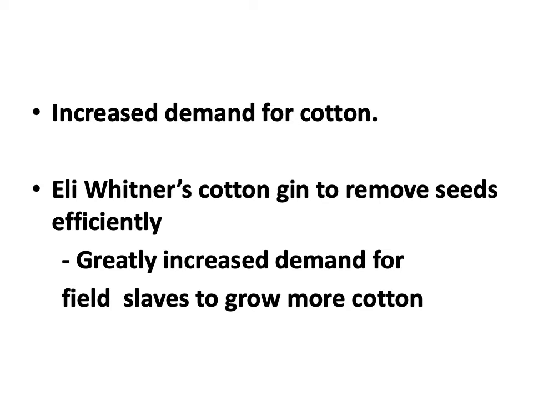So the net result was slaves were moved from household tasks, from working in gardens, and out into the fields to grow cotton. There was almost an insatiable demand for cotton by the textile industry because British cotton in particular was being produced and processed into textiles that were exported throughout the world.